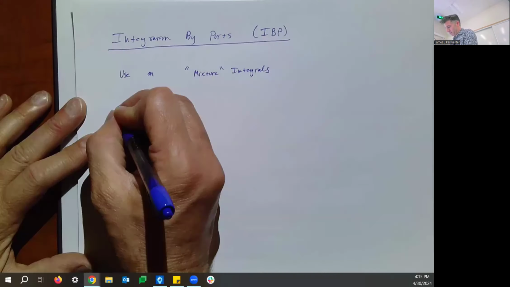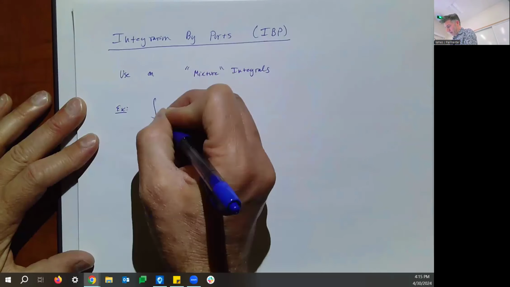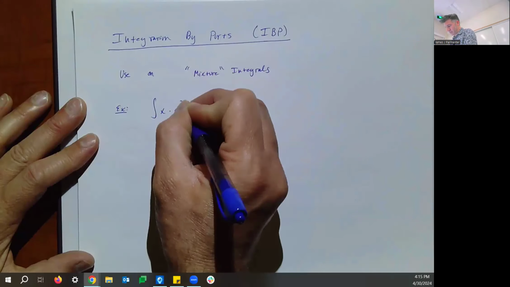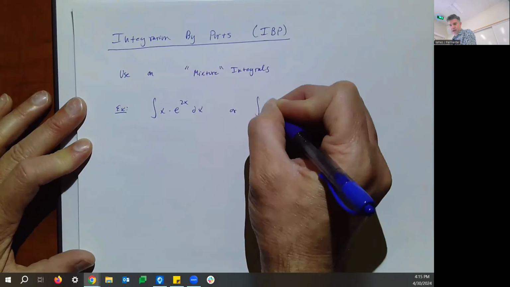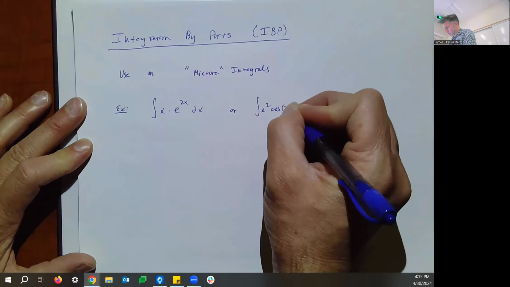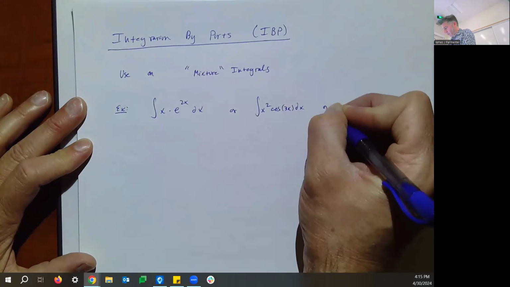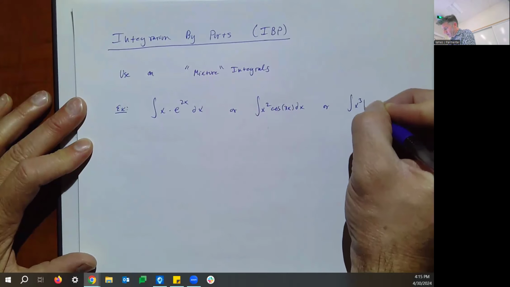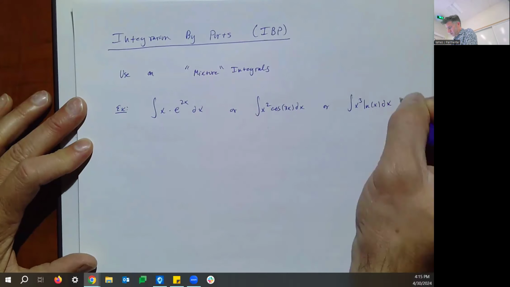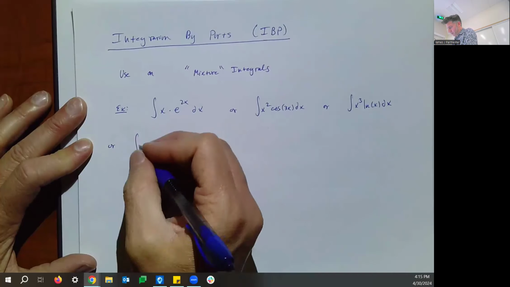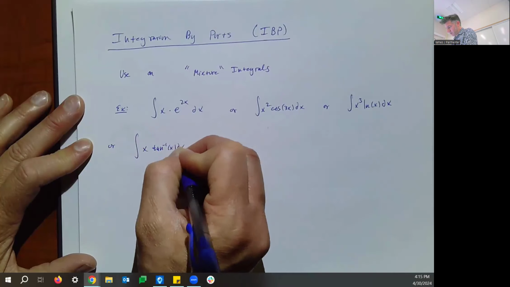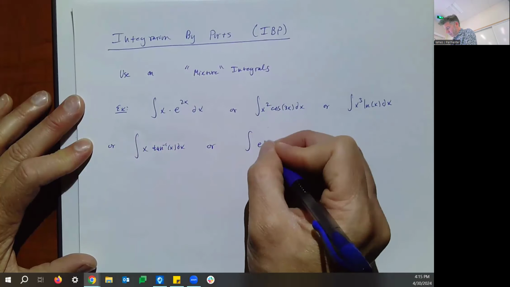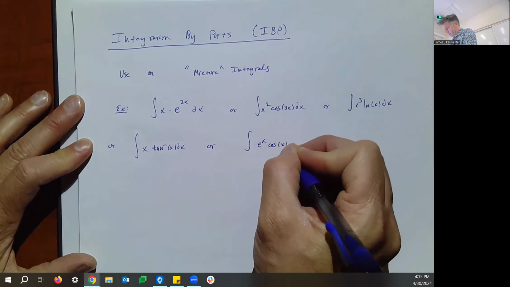For example, the integral of x times e to the 2x, or the integral of x squared times cosine of 3x, or the integral of x cubed times the natural log of x, or the integral of x times the inverse tangent of x, or the integral of e to the x times cosine of x.